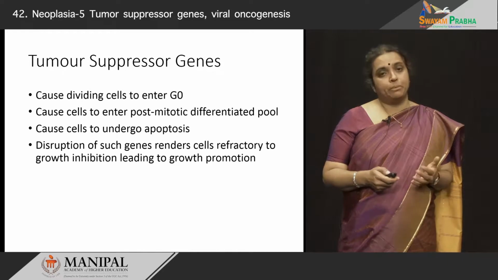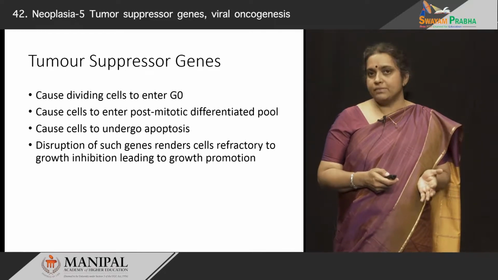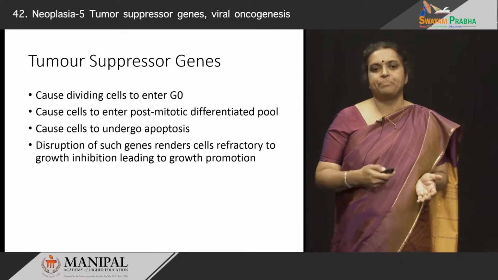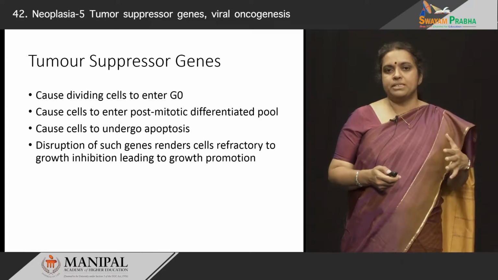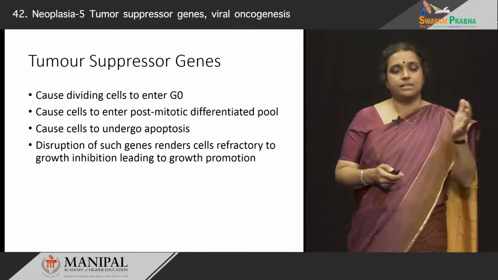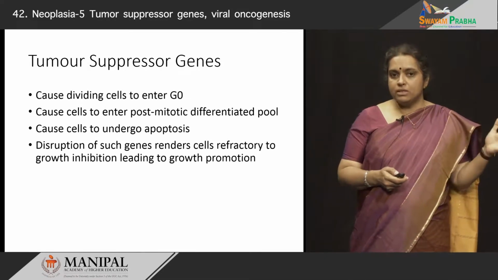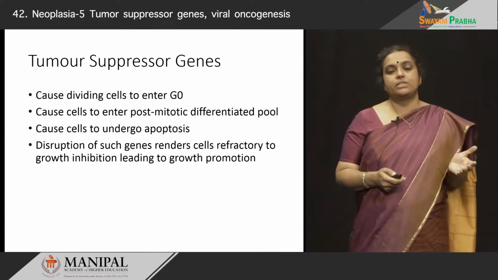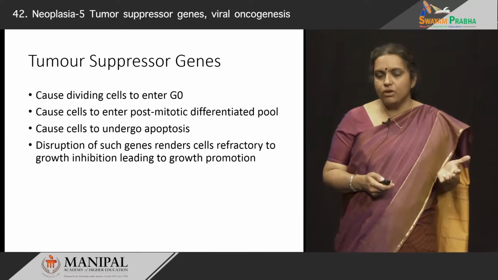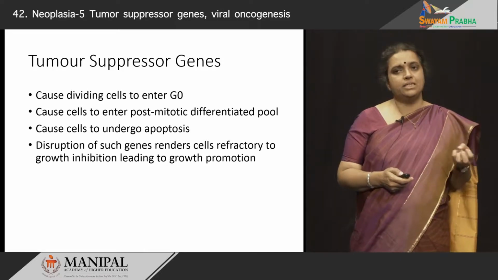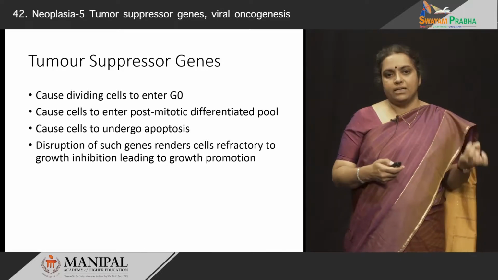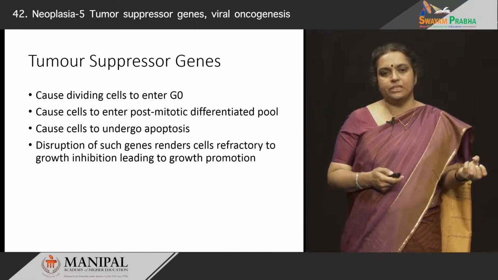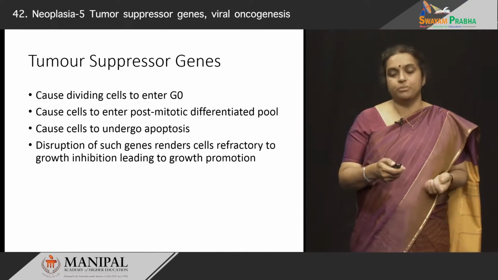Now, what happens if apoptosis is inhibited? The cells will not undergo death and they will continue to live and proliferate. So, normally the tumor suppressor genes cause dividing cells to enter G0, cause cells to enter a post-mitotic differentiated pool, and cause cells to undergo apoptosis. Now, think of the situation where these genes are inhibited. Once these genes are inhibited or disrupted, these cells become refractory to growth inhibition, which leads to growth promotion.